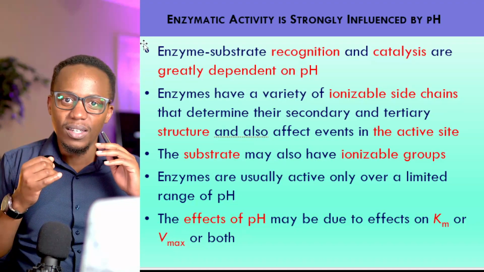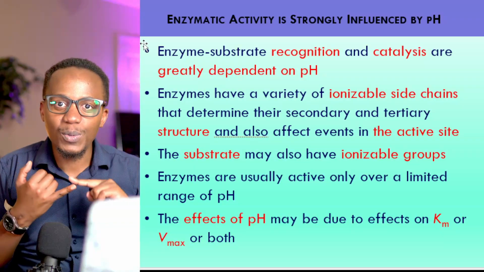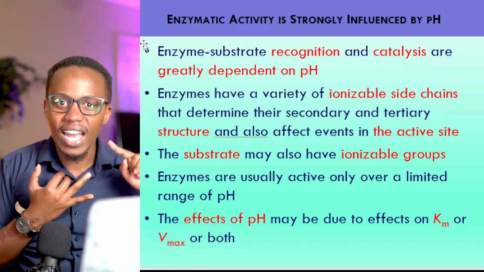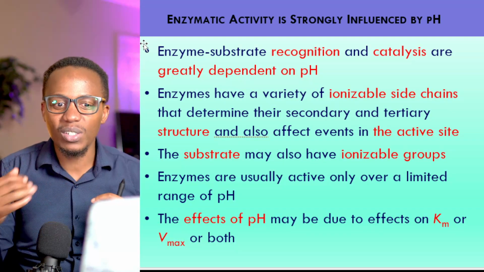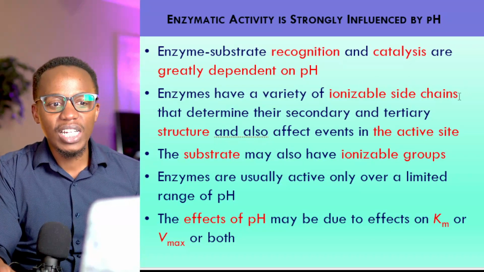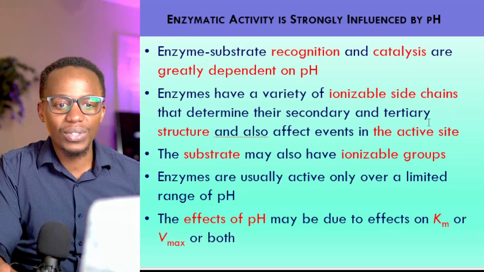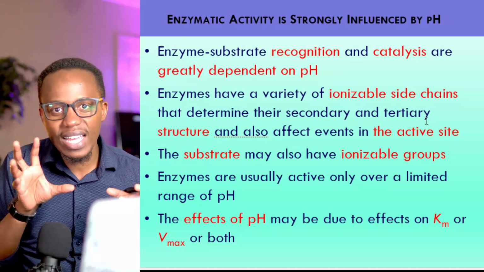So if you change the pH, the substrate recognition is going to change, and the catalysis is going to change as well, right? And again, it's because of the ionizable side chains in the active site, and also the ionizable side chains in the enzymes as well.